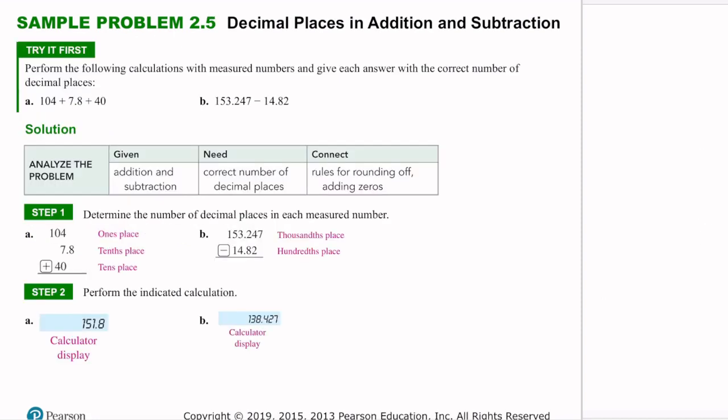Next, we'll work some problems with addition and subtraction. Remember, generally with addition and subtraction, we're limited by the value with the least number of decimal places. However, this example is a bit unusual. To work this example correctly, we need to consider the place value for each of the digits in each of the values used in the calculation.